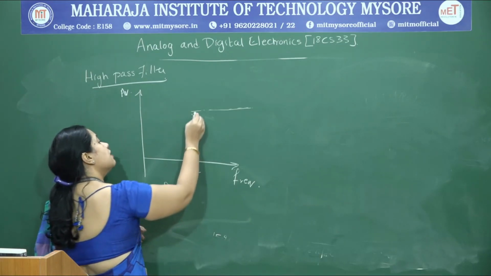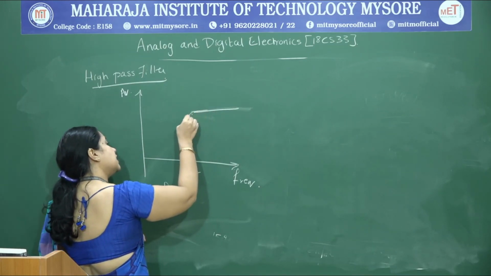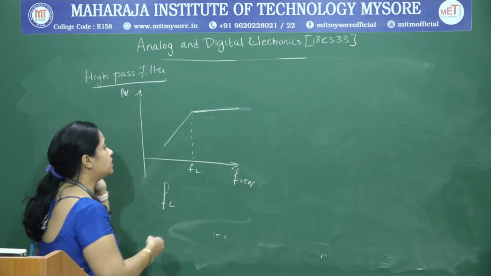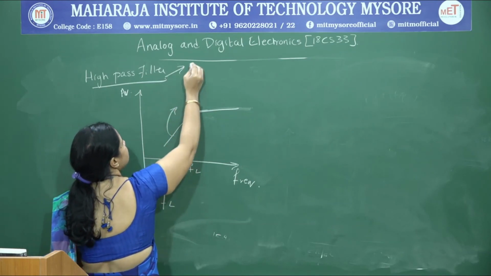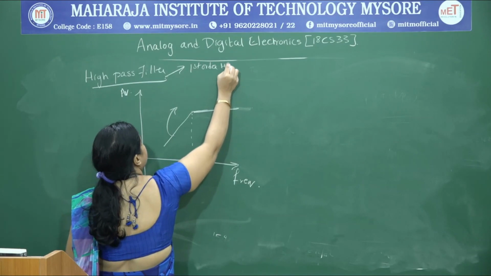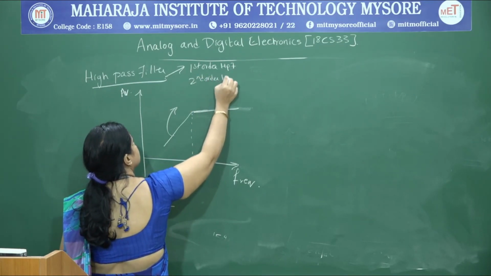What happens is, beyond the cutoff frequency, the gain gradually rolls down. Based on this roll down factor, we have two types of high pass filter, a first order high pass filter and a second order high pass filter.